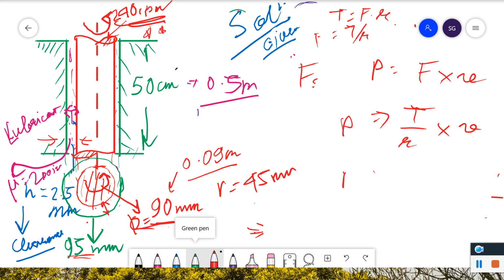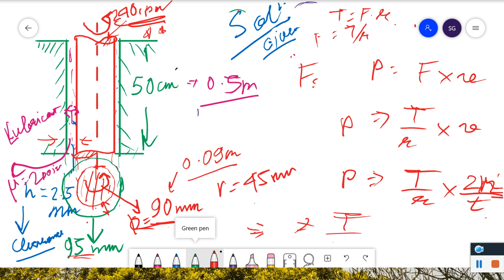And this power is torque upon radius into 2 pi upon T, and here, since we are talking about RPM, it is 2 pi by 60. If you do this also, then also you will get the answer. And you can also do it like this: if you multiply it by 2 and divide it by 2, it will be pi dn upon 60 also.